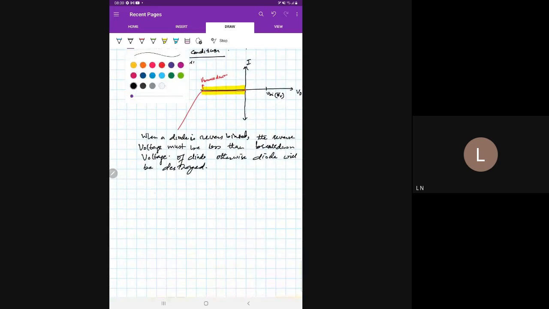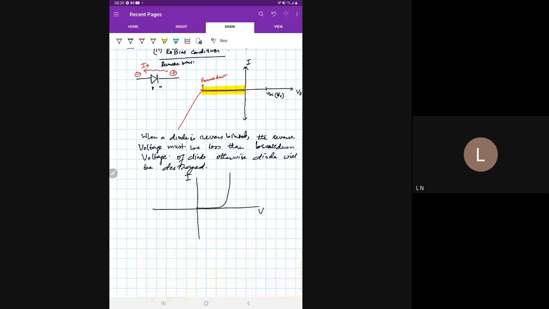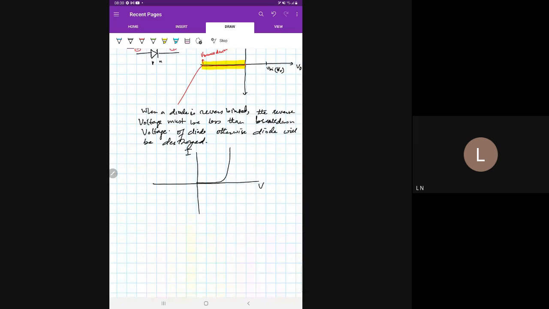So we can say then VI characteristics are like this. If we talk about forward characteristics only, this is I and V. For the forward characteristics of a diode, this is how it looks. So this plot is basically V versus I, and we know that I increases exponentially.